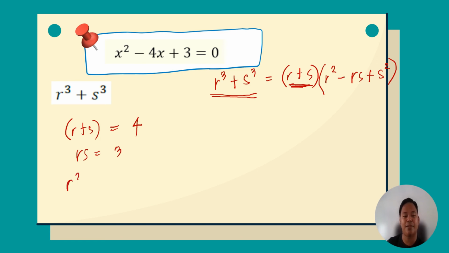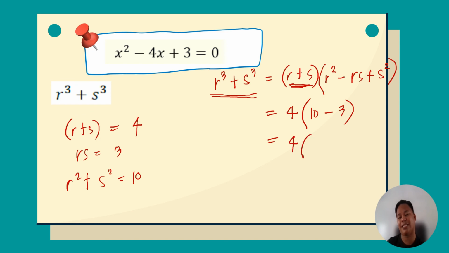And r squared plus s squared is equal to 10, which came from our previous slide. Then we have r plus s is equal to 4 times r squared plus s squared, which is 10, minus rs, which is 3. Therefore, 4 times 10 minus 3, which is 7, and the value of the expression r cubed plus s cubed is equal to 28.